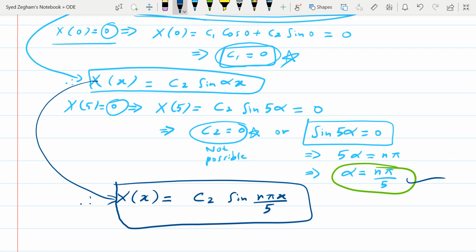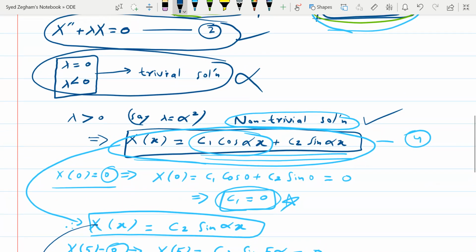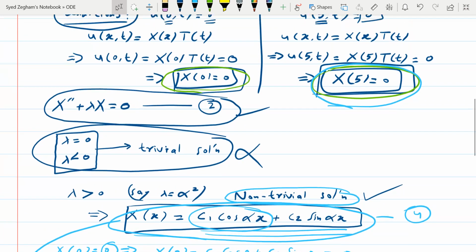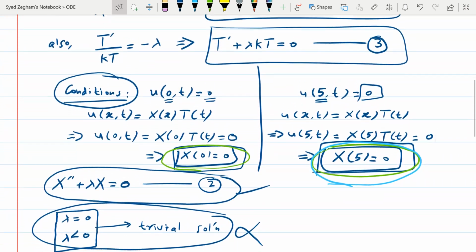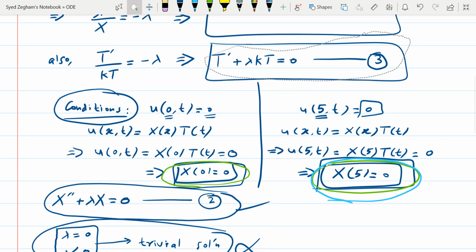Now, same way, we have already solved equation number 2. Now, let me deal with equation number 3. So again, let me copy this from here.